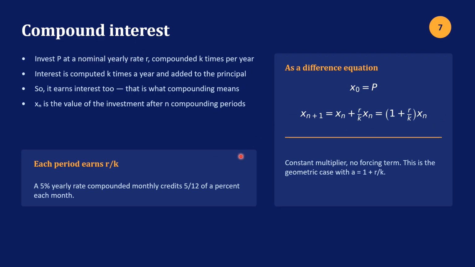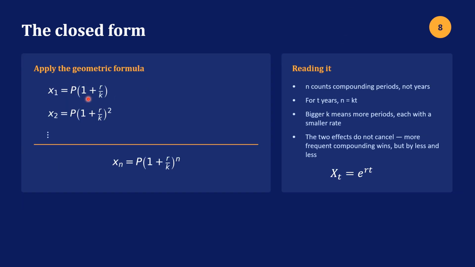Okay, so let's continue with the example on the next slide. We're just expanding the geometric series here. Remember our a was 1 plus r over k. So you get x1 is this, and x2 is p times this squared, and so on. So n counts the compounding periods, not the years. So for t years, n equals k times t.